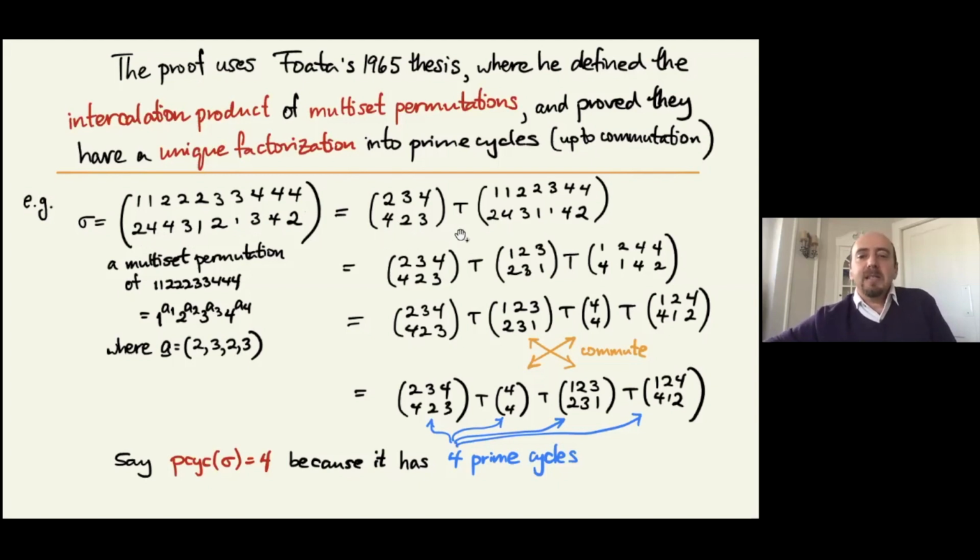Foata tells us that we can factor this into what he calls an intercalation product. That's what this symbol is, where still on the top, you see the numbers in increasing order. And the way you intercalate two multiset permutations is you write the numbers on top in increasing order, but underneath the ones, everybody should be in the same order that you see it on the right side. So here it's 1, 1, and below the 1s, you see 2, 4.